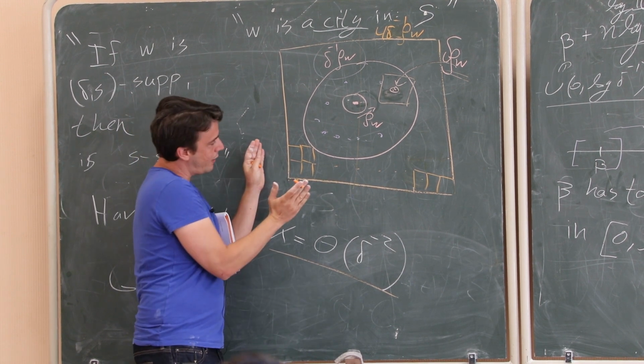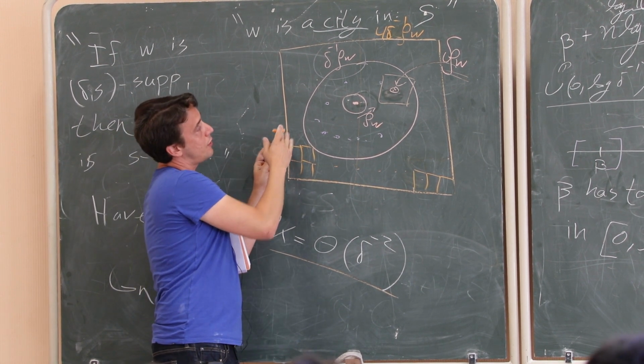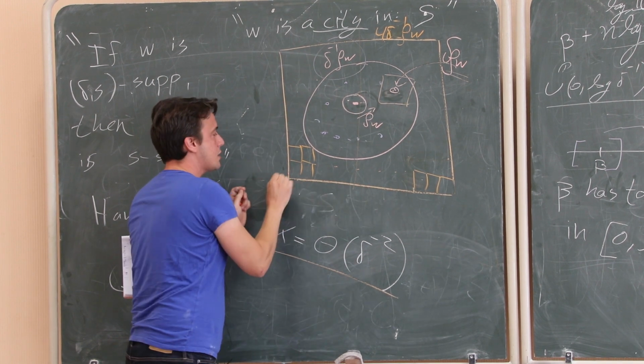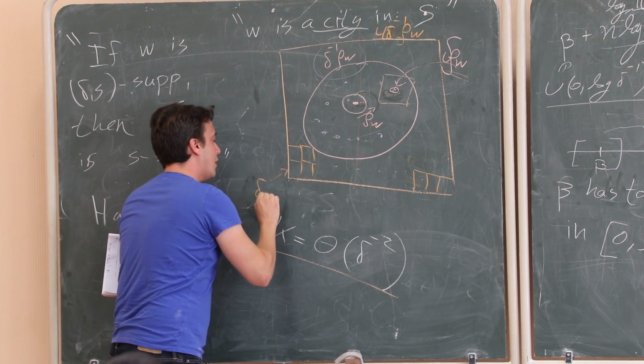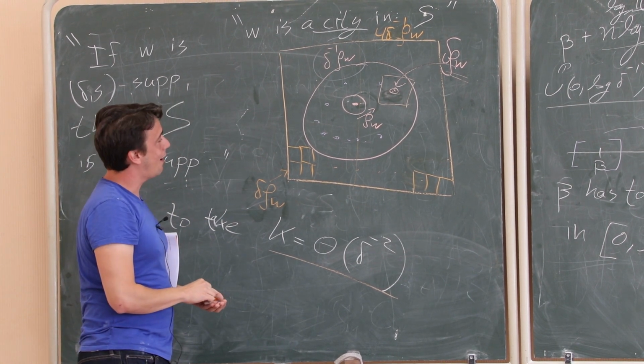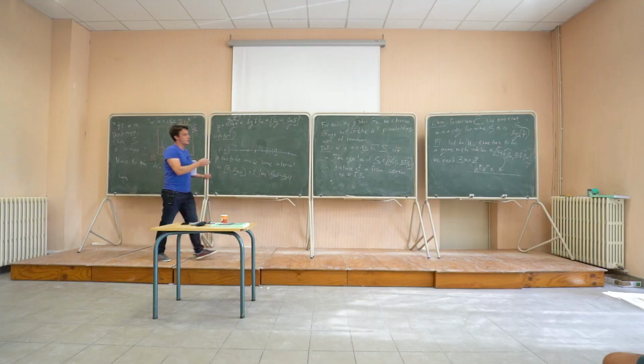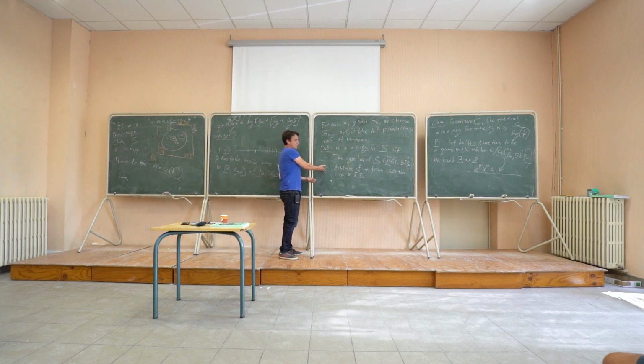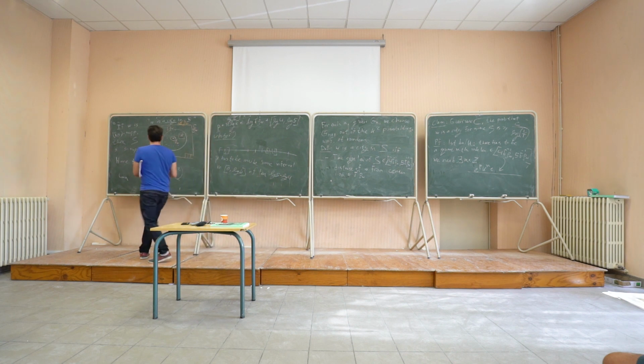So the edge length is delta squared times this thing. So these things are of order delta times rho w. And now I'm using the fact that I had a second random choice. Where is the second random choice? I erased it.